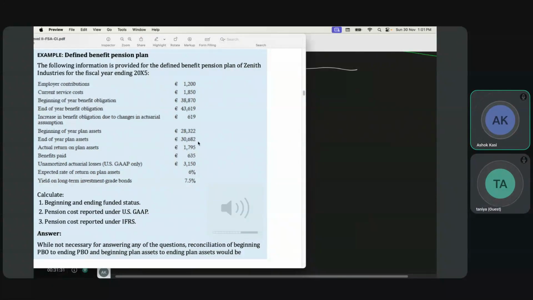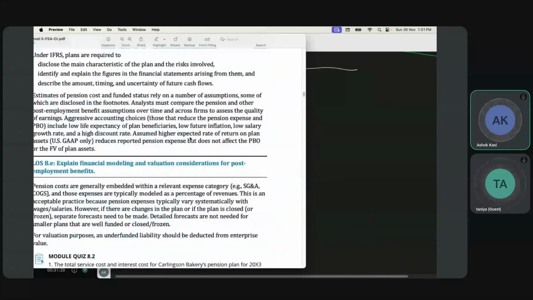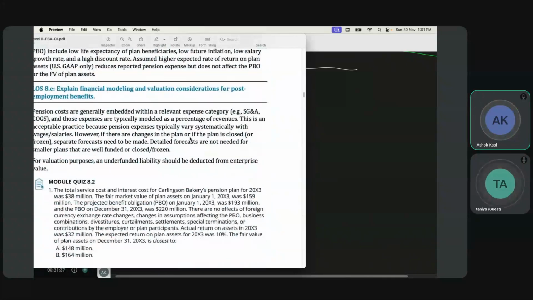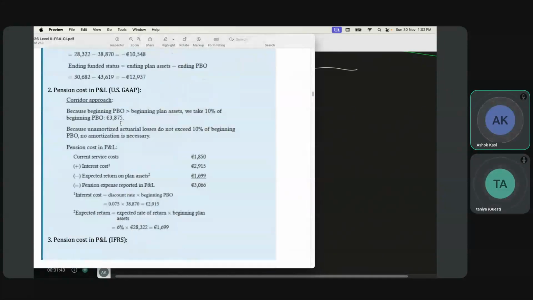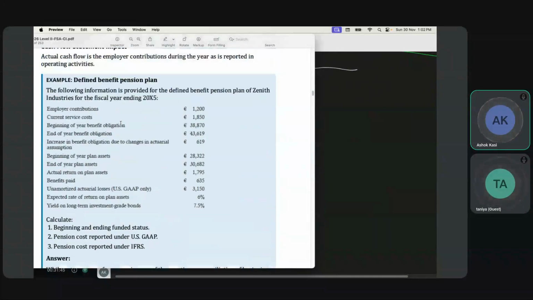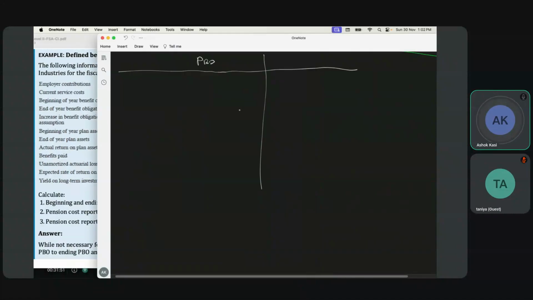Come to model quiz 8.2. Found it. So based on the question, you write now on your own. In case you find difficulty, then you look at the board.